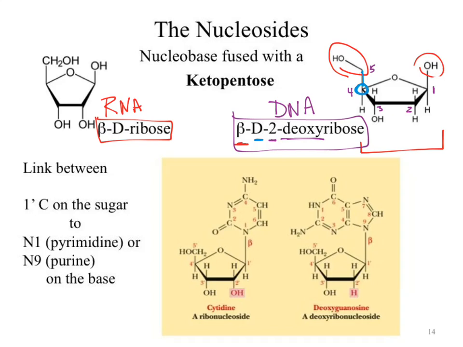Remember, your pyrimidine was the single ring. When you number it according to organic chemistry rules, that first nitrogen is the one that's labeled as 1. So in our pyrimidines, we get that nitrogen linking up. In the case of the purines, if we number it according to our organic chemistry rules, we'd be linking up with nitrogen number 9, or atom 9 within the ring. That's how we end up putting those two together.